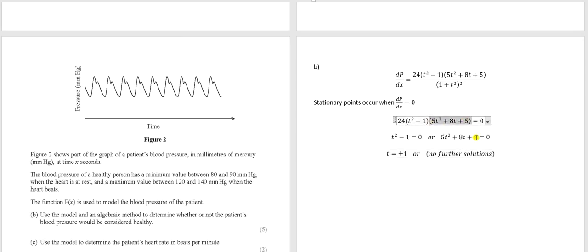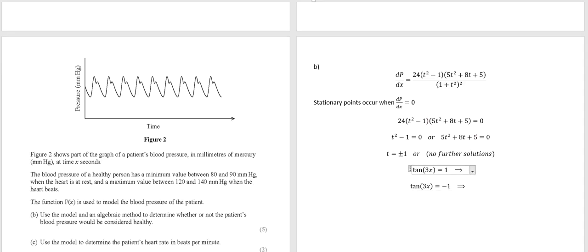Well, if that gives us no solutions, that must mean that all the solutions correspond to either tan of 3x is 1 or tan of 3x is minus 1. So we just need to investigate each of those.